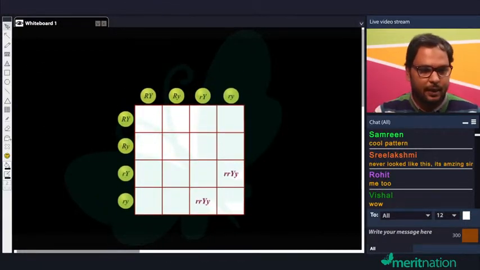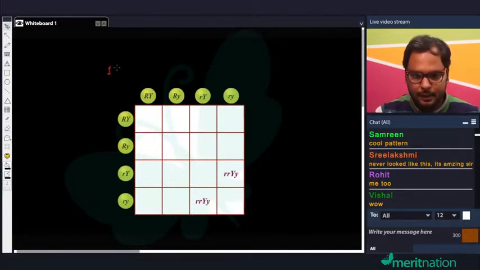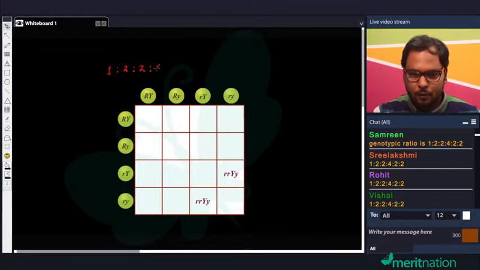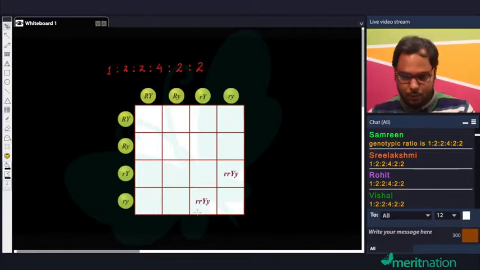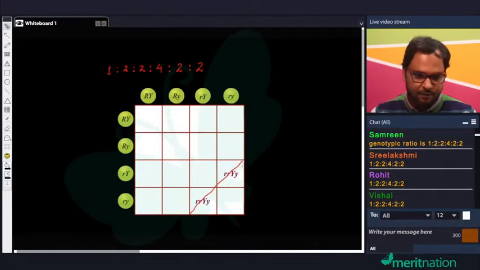So till here, what we have understood is 1 is to 2 is to 2 is to 4 is to 2 again is to 2 again. So this is 2 again, a diagonal relationship, definitely.